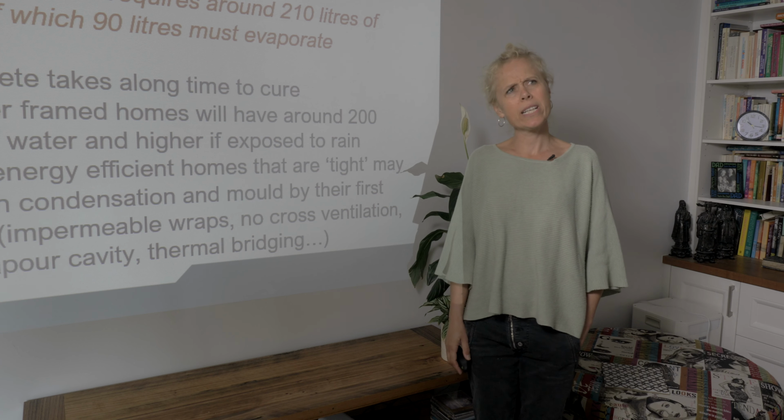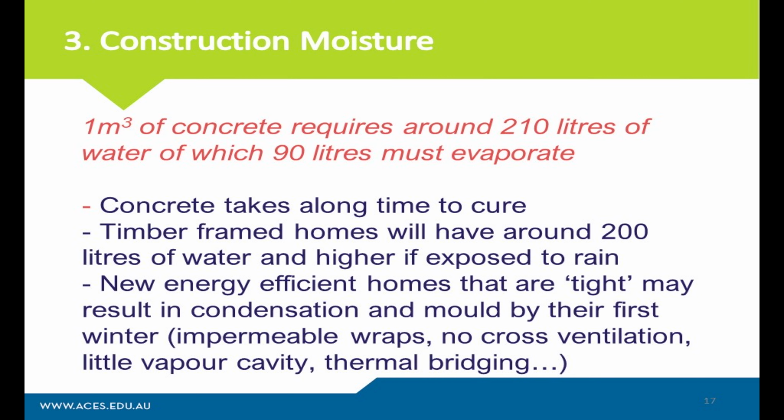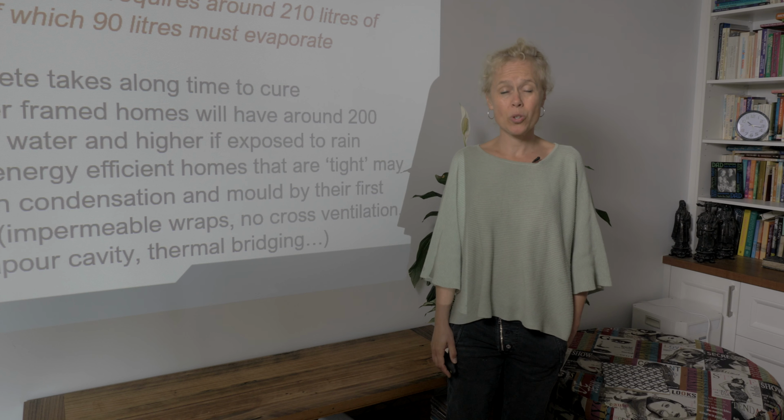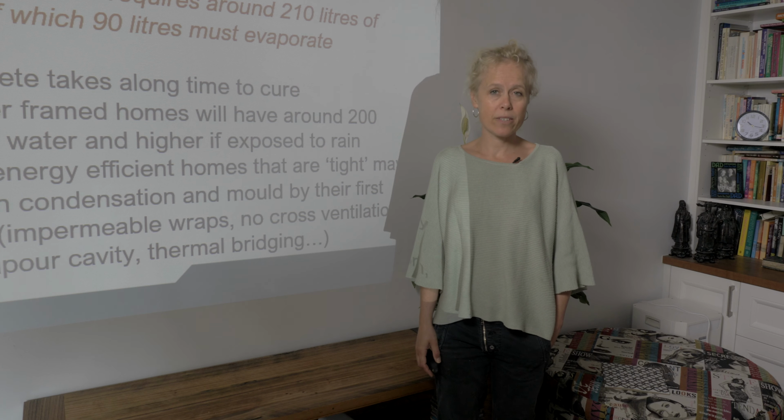Construction moisture, this is really when you're building a house, if they've left the timber frame outside getting wet, that can support growth like trichoderma fungi. Often you have fungi already on the timber because it's been sitting in a wrap or in plastic where it's got condensation and problems. Construction moisture, each cubic metre of concrete requires around 210 litres of moisture, and 90 litres of that must evaporate.